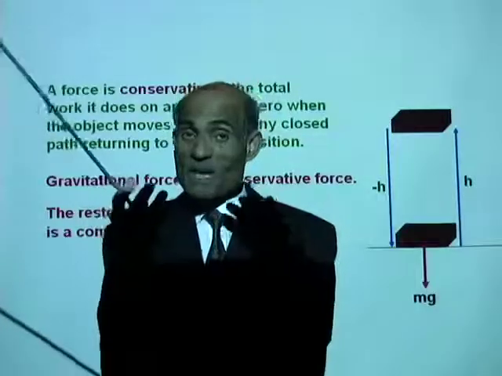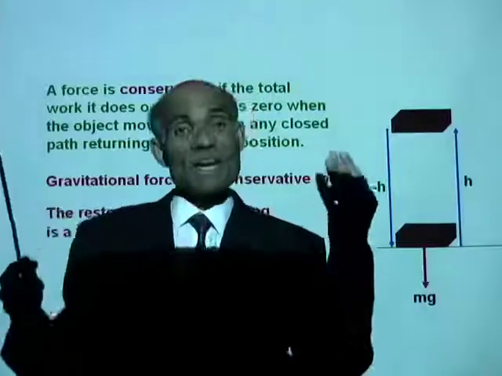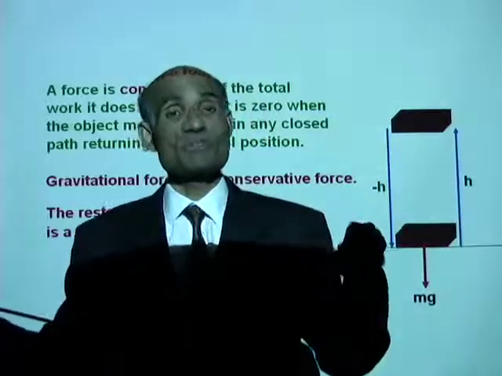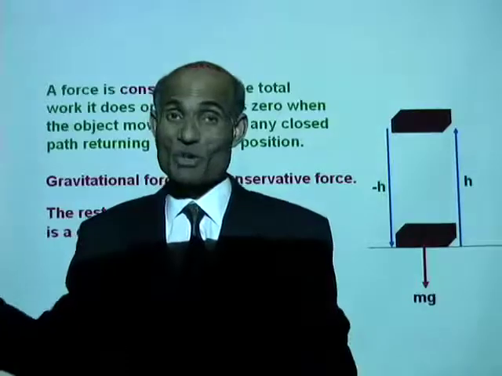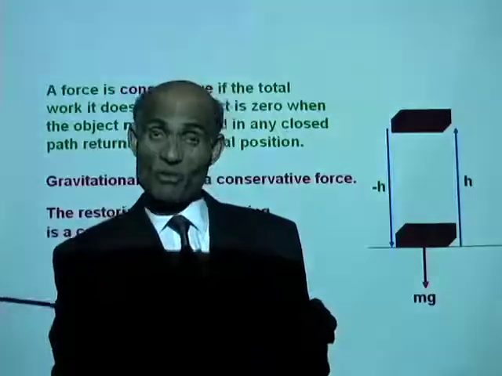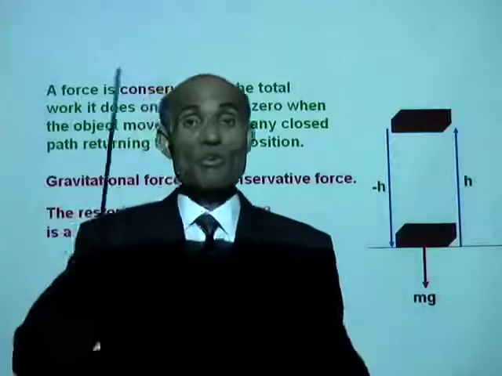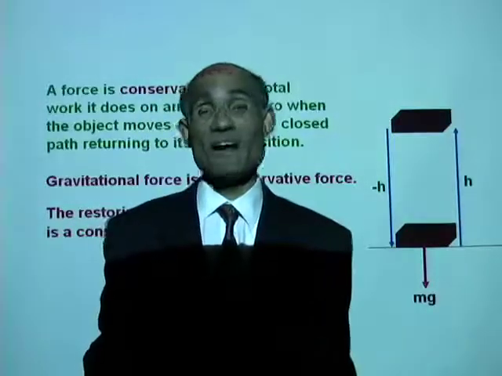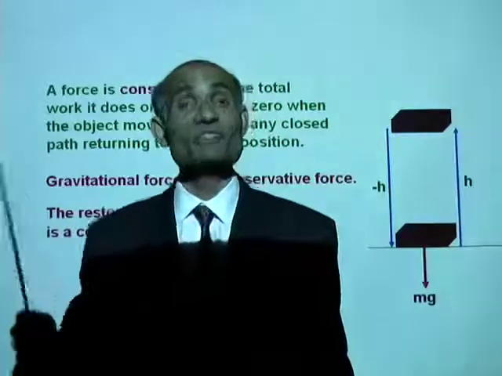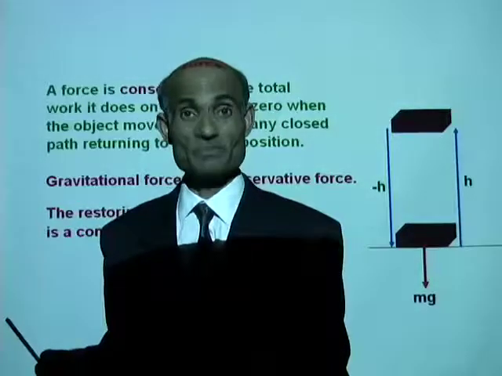So you must be able to distinguish between a conservative force and a non-conservative force. Good examples of conservative forces are gravitational force and the restoring force of a spring. And a good example for a non-conservative force is the force of friction.